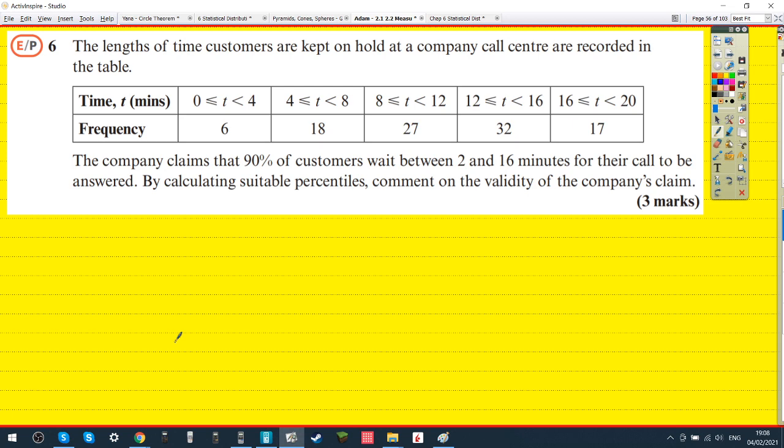So, for this, would we need to... Which percentile do we need to work out? What percentiles would give you the middle 90%? The highest one, so 16 and 20.